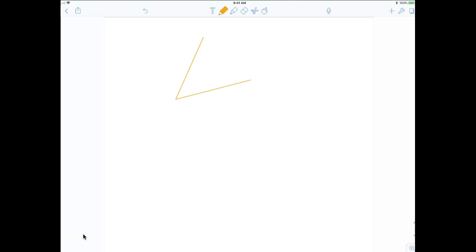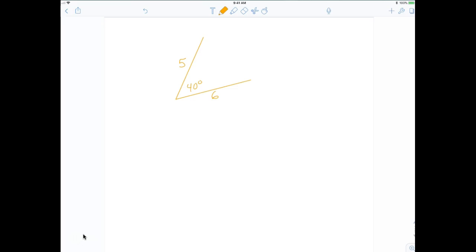For example, this is a length of 5. And this is a length of 6. Then I'm going to duplicate this over here, and give this a degree measure, let's say 40 degrees.